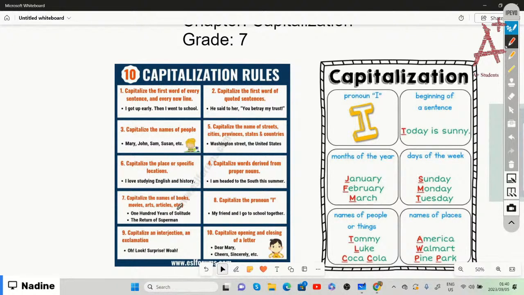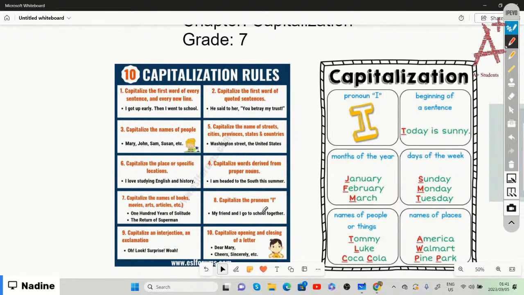We capitalize names of books, movies, arts, articles, etc. We always capitalize I, if I stands on its own, and not in a word. I am going to school, right? We capitalize the pronoun I.